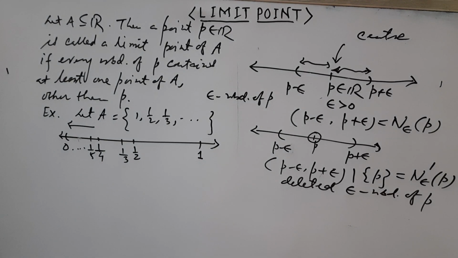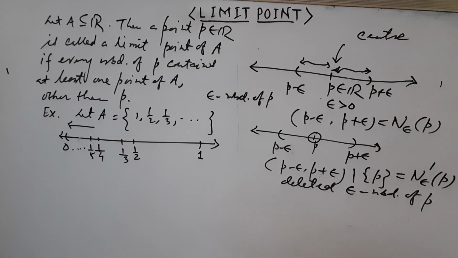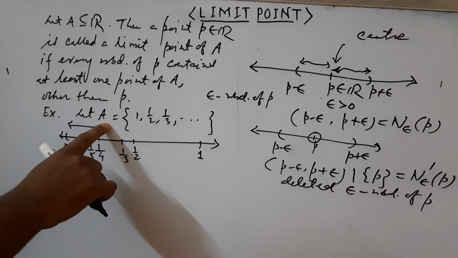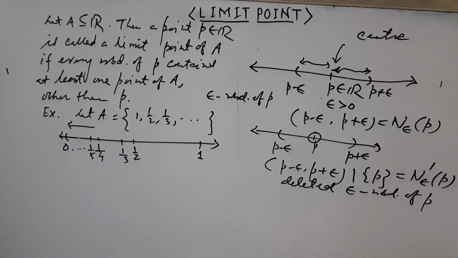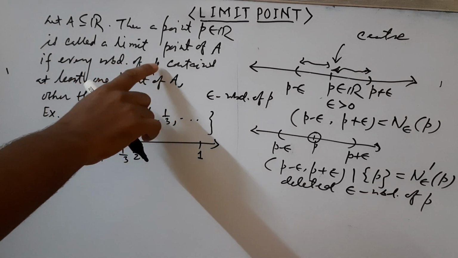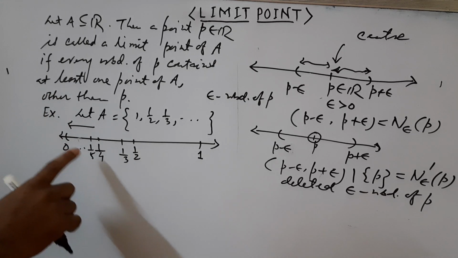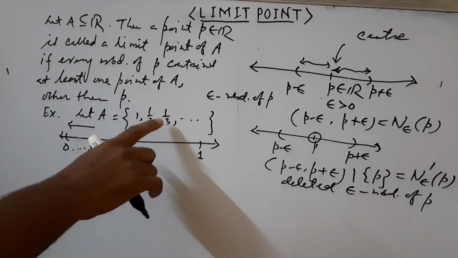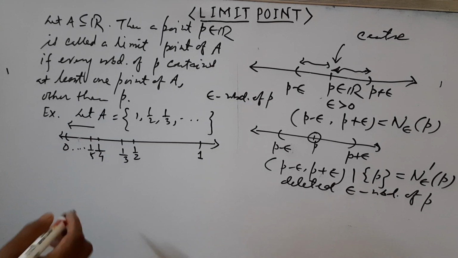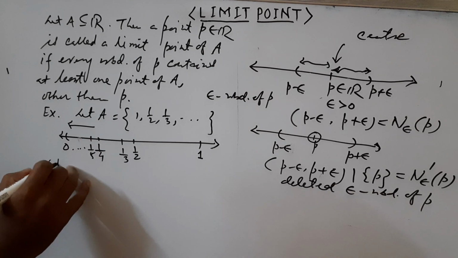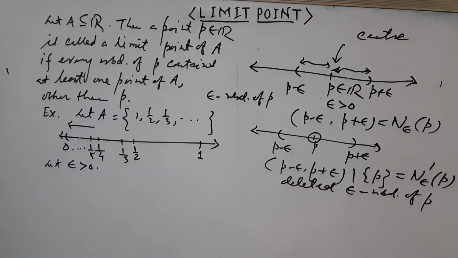Now we claim that this 0 will be a limit point of this set A. So we have to show that every neighborhood of the point 0 will contain at least one point of this set A. So let us try to find that one. Let epsilon be greater than 0.